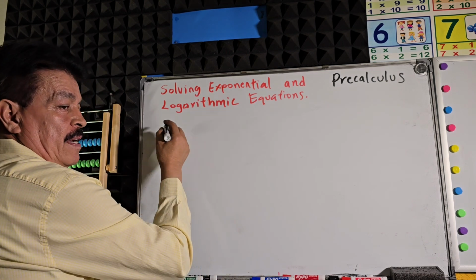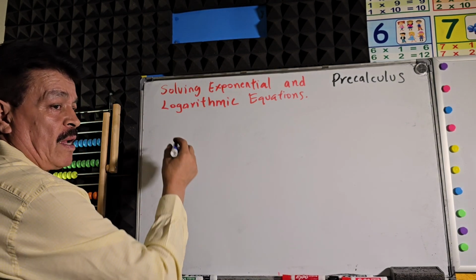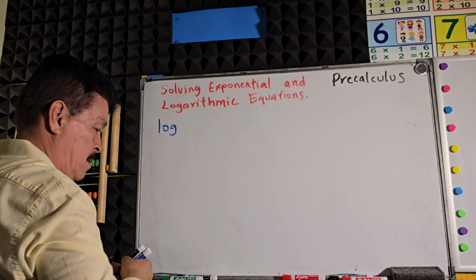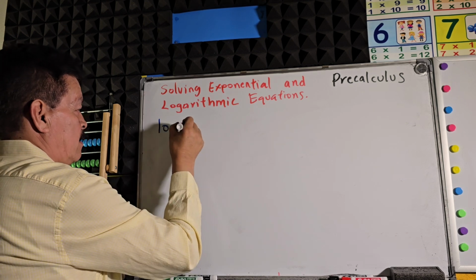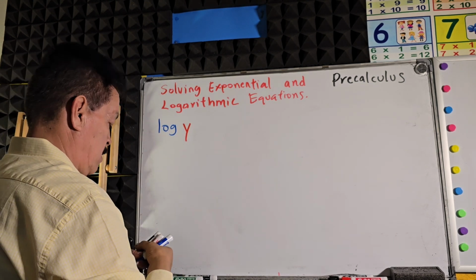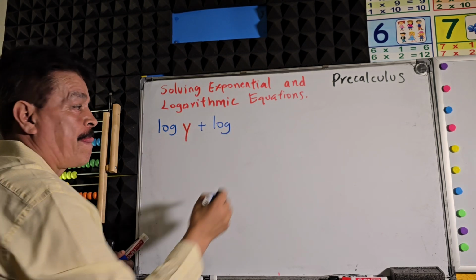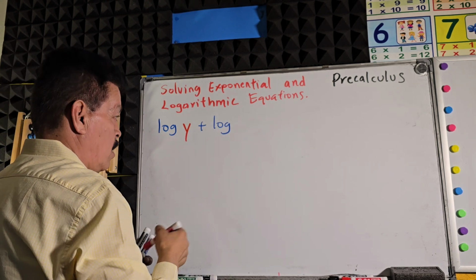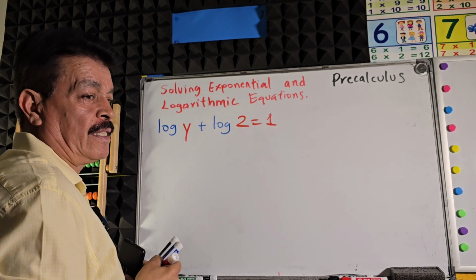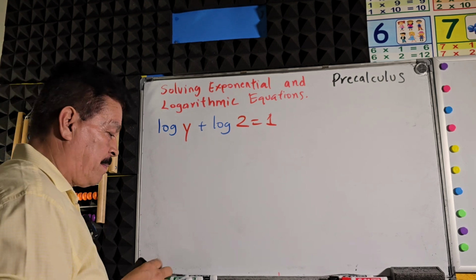So our problem now is, let's write the problem like this: log y plus log 2 equals 1. All right, we have this kind of problem.